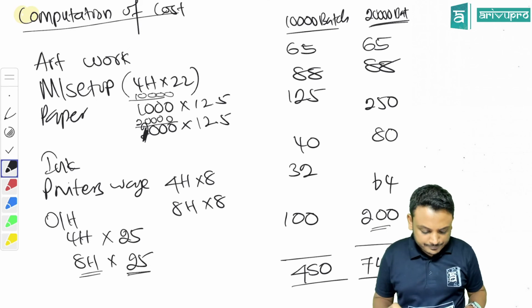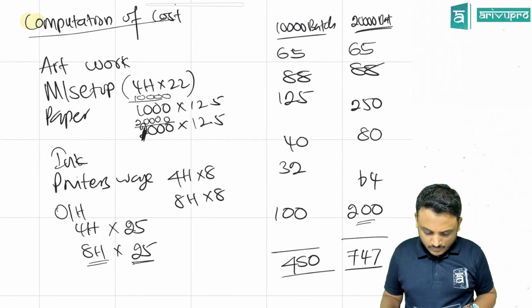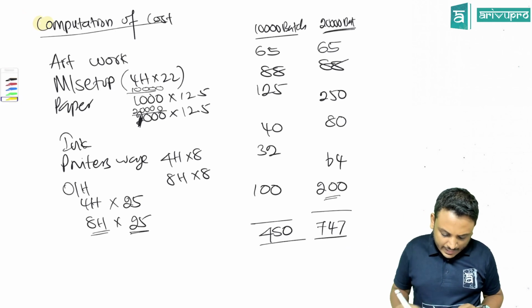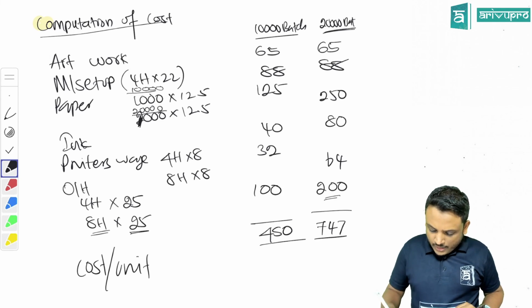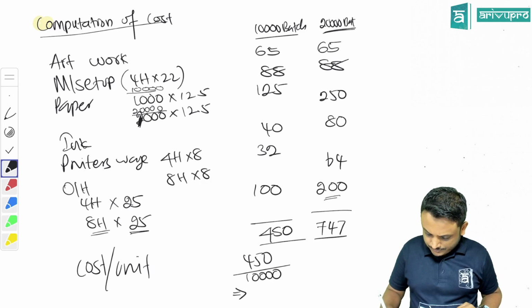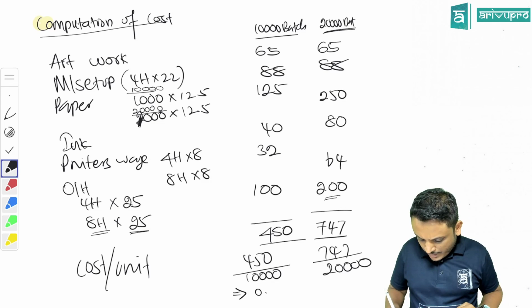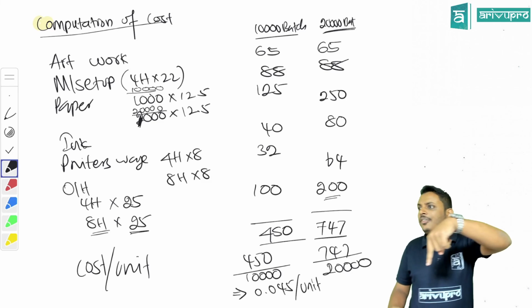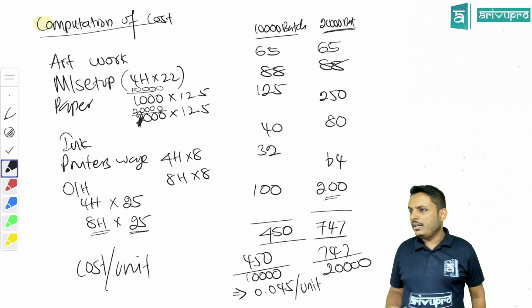Now let's calculate cost per unit. So 450, how many leaflets are there? 10,000. What is the unit cost? 0.045 per unit. For one leaflet will cost 0.05 value.